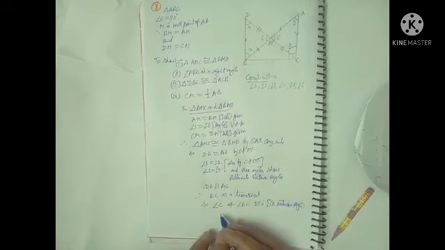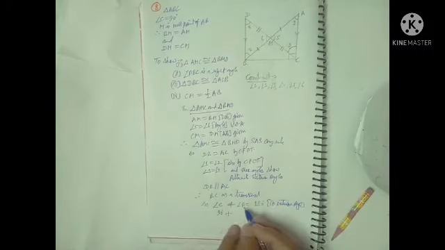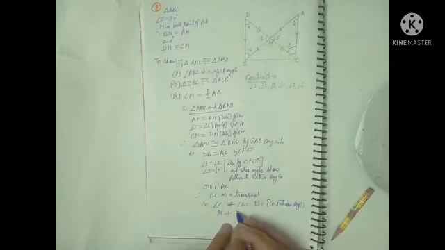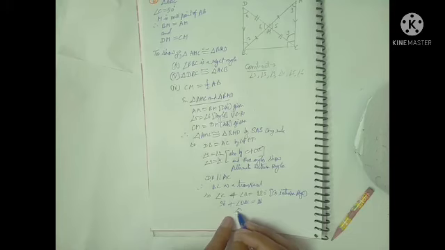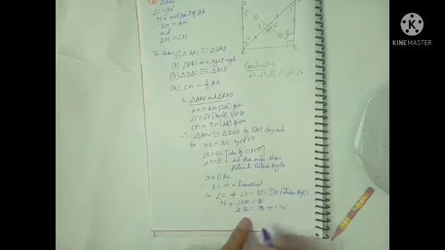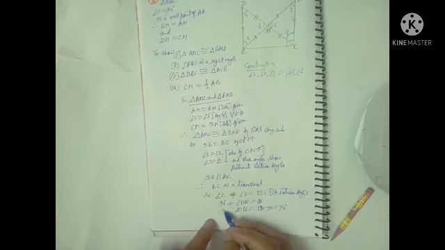So angle C is 90 degrees, it is given, and angle B, which you have taken as DBC. Angle C plus angle DBC is equal to 180. So 90 will go that side. Therefore angle DBC is equal to 180 minus 90, which is 90 degrees. So we have proved the second thing also.